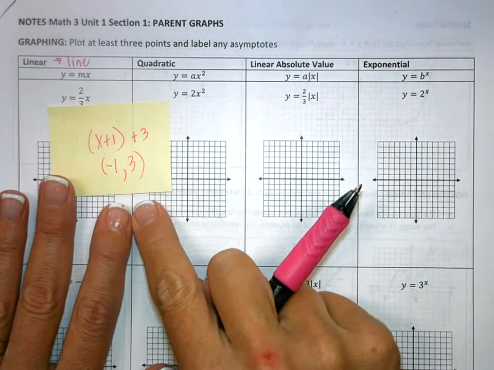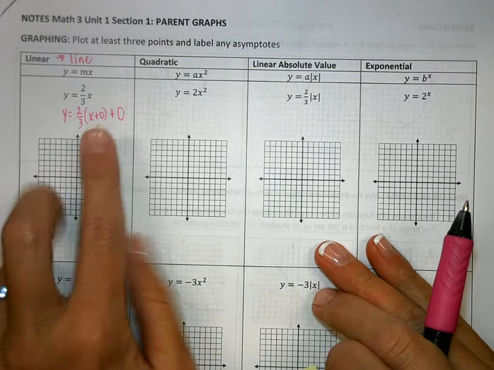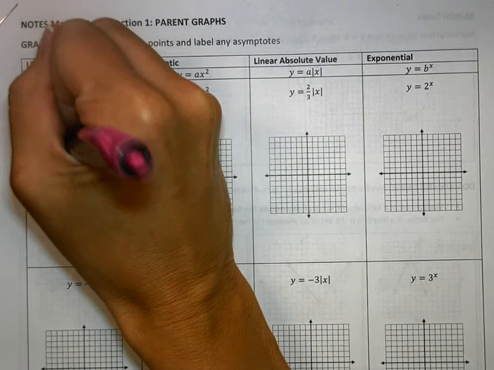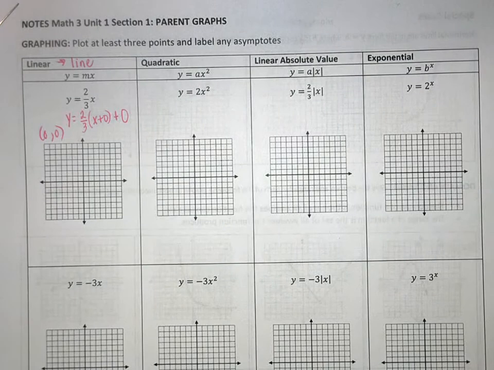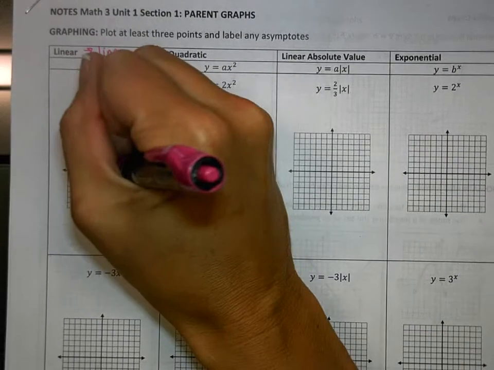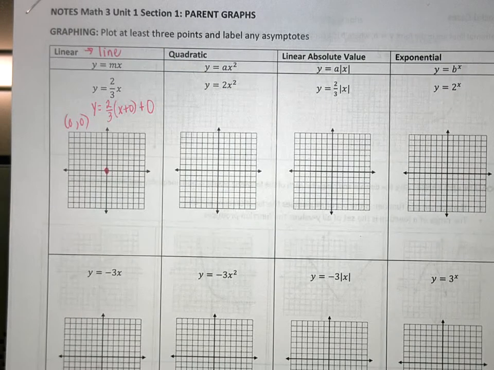And that would give us a starting point. So for each of these, we're going to rewrite them in this form to remind us that our starting point for this one is at 0, 0, okay? And so if we go to 0, 0 and make a point, we know that's where we're starting from.